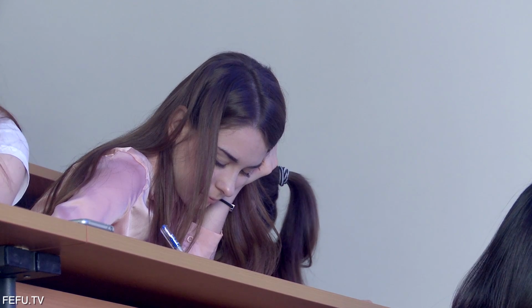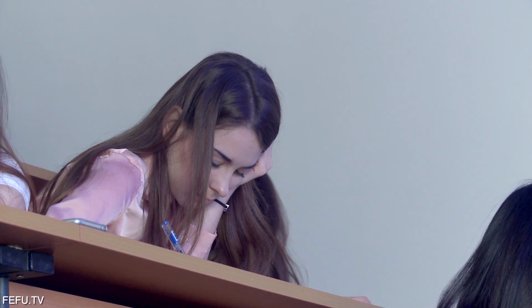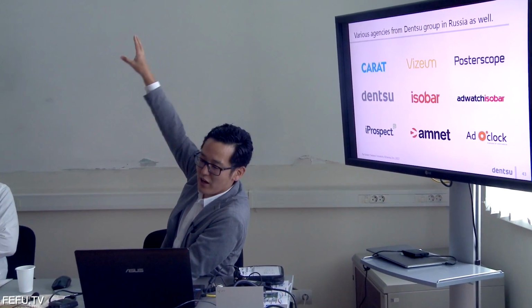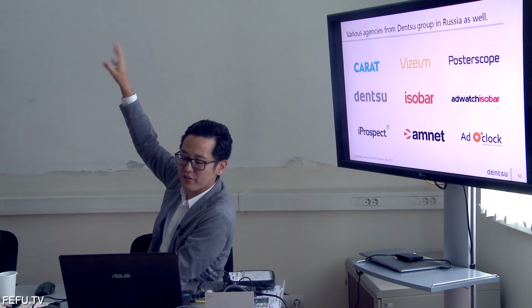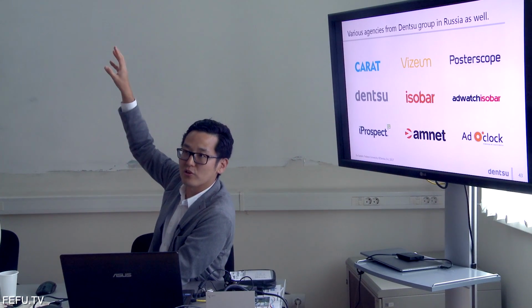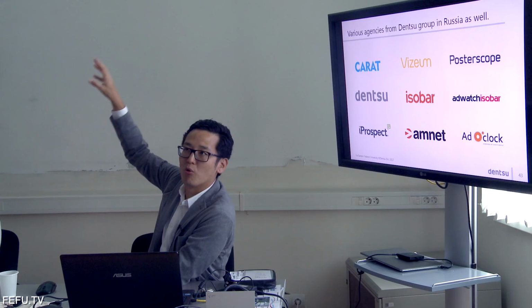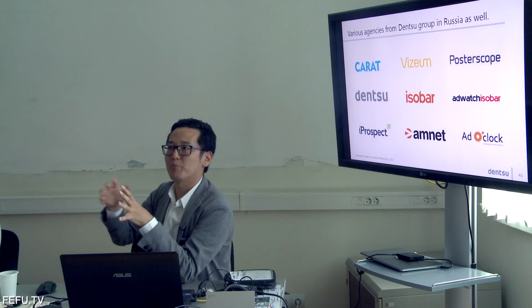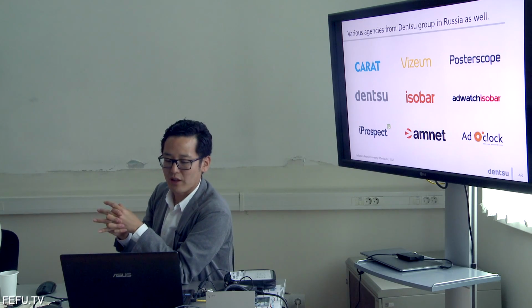Since Aegis Group joined our group, we have various agencies from Dentsu in Russia as well. These are the groups we have in Russia, mainly located in Moscow. We have Carat and Vizeum, which are media agencies, and also Posterscope, which covers OOH, out-of-home media, which is signs and billboards that you see outside of the campus.